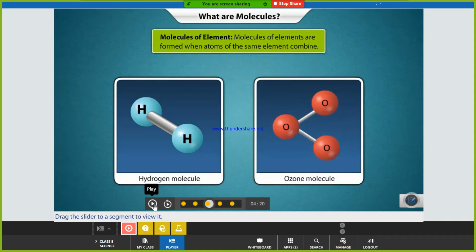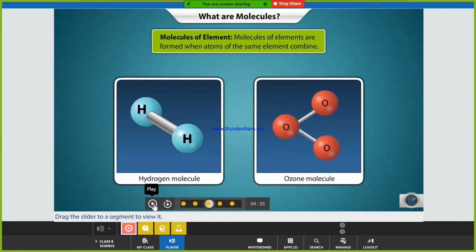First of all, you see atoms. Then what are molecules? The molecules of an element are formed when atoms of the same element combine.